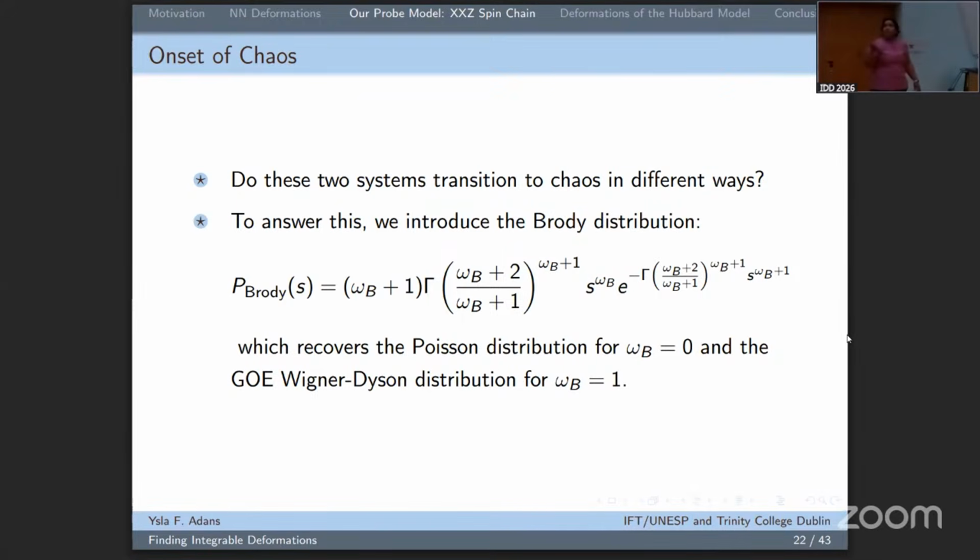To answer this, we fit these two models to a broader distribution that contains either the Poisson distribution for omega equals 0 or the Wigner-Dyson distribution for omega equals 1. So if omega is 0, I'm in the integrable regime. If omega is 1, I'm in the chaotic or non-integrable regime, and we compare our models with this.